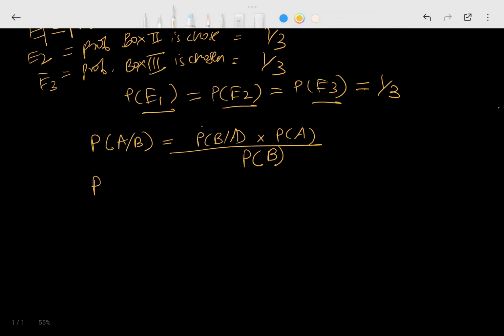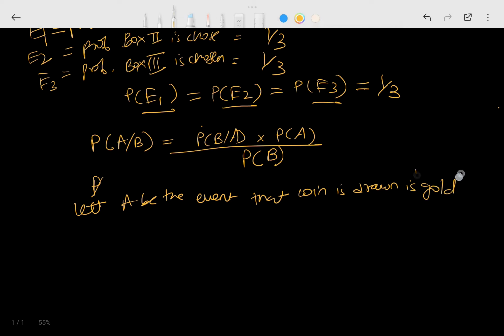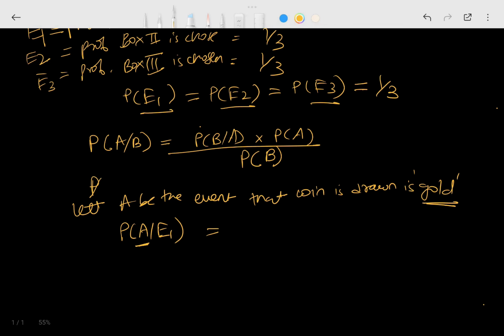Okay, so let's do it like this. Let A be the event that the coin drawn is gold. Since the first coin that has been drawn is gold, P(A|E1) is nothing but the probability that a gold coin is picked when the box is the first box, right?